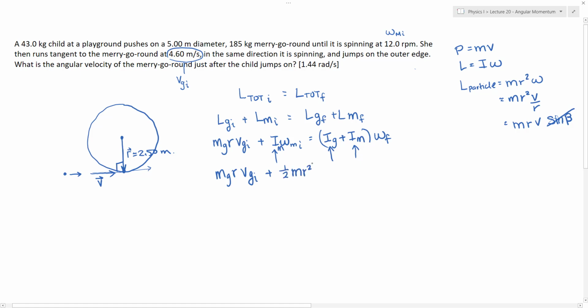If you look at the table, it will tell you the moment of inertia of a disk that rotates about its center is 1/2 mr squared, times omega, the angular velocity of the merry-go-round initially, is equal to the moment of inertia of the girl plus that of the merry-go-round. Okay, so the moment of inertia of the girl, we're treating her just as a particle, mr squared, plus of the merry-go-round, it's a disk, 1/2 mr squared. This is the girl, this is the disk, times omega final. And the omega final is what we're looking for. So we can rearrange and solve for omega final.